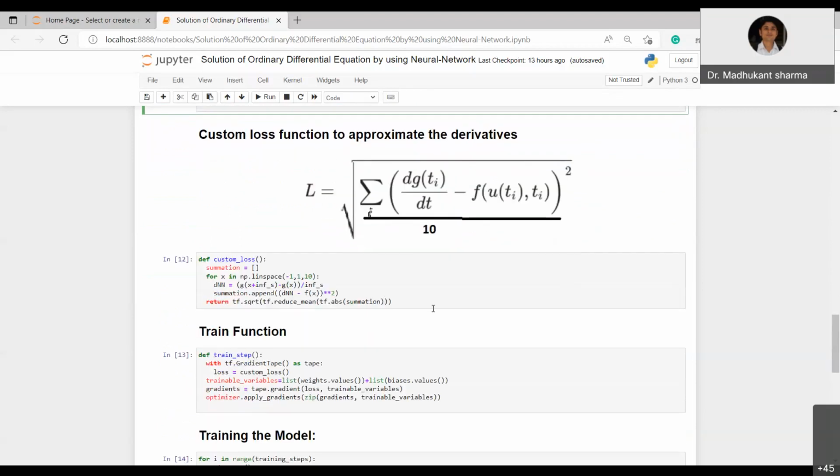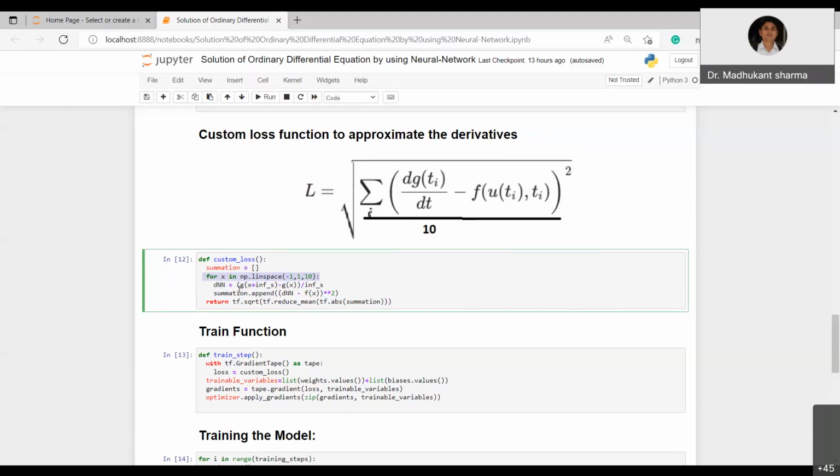Let's see how we can create the loss function. Our x belongs to -1 to 1, so x is numpy linspace from -1 to 1 with 10 points. We are taking x in the interval -1 to 1, and just taking 10 points, not the whole interval.